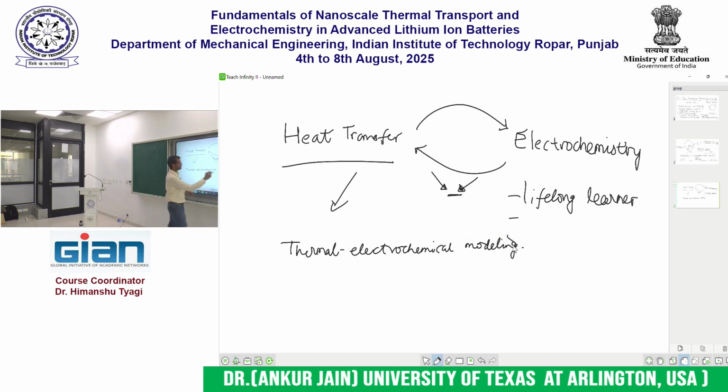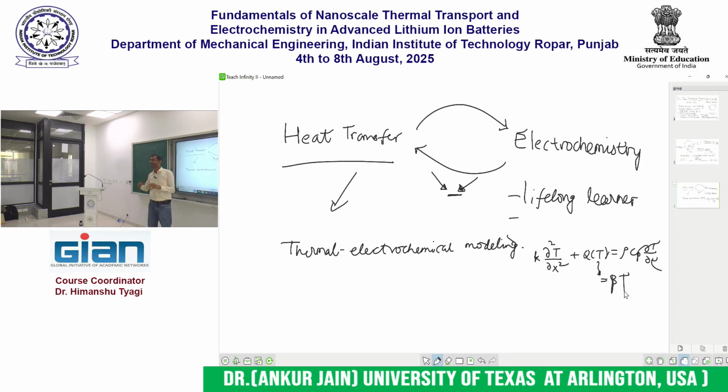Remember, for example, the heat transfer modeling that we did, we said k d2T by dx2 plus q of T is equal to rho cp dT over dt. And as an approximation, we simply said q of T is equal to beta times T. Q of T is the heat generation that occurs because of electrochemical reactions.